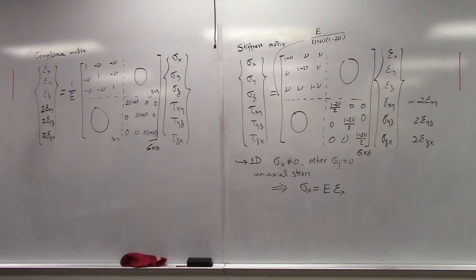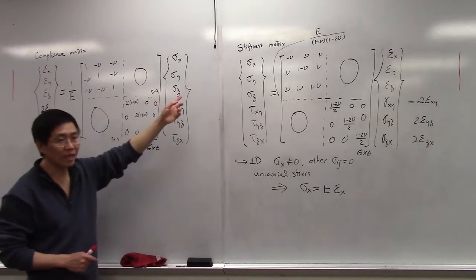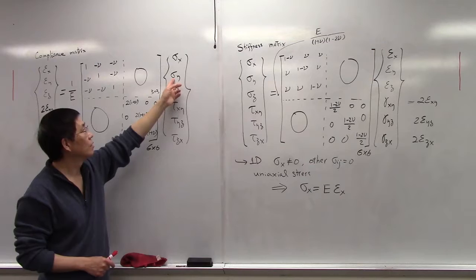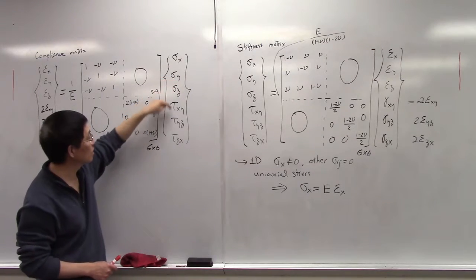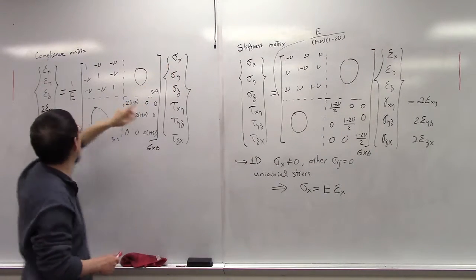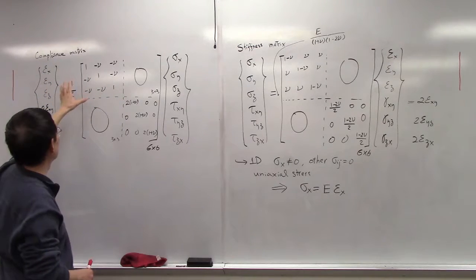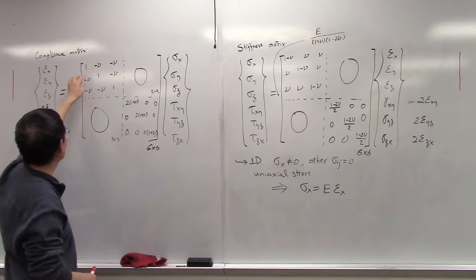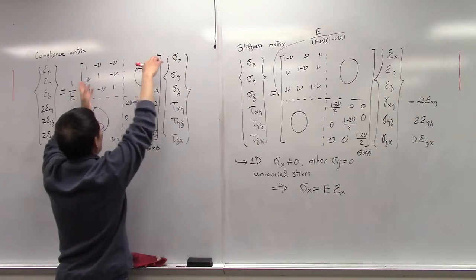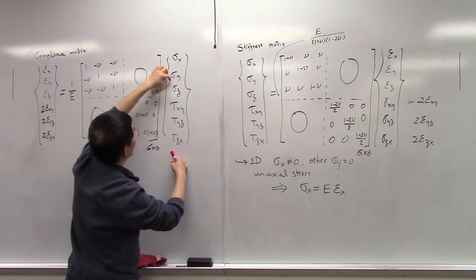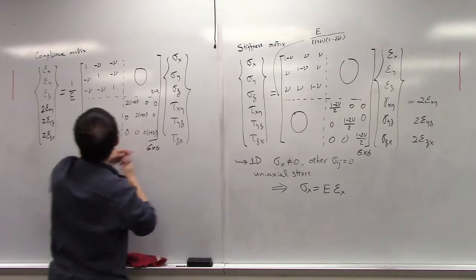And again, you can see very clearly in the 1D case, uniaxial stress, all these will be 0, only that one is non-zero. Therefore, applying the matrix multiplication, these times this row and flip 90 degrees and put in the corresponding position, right? Only that one is left.